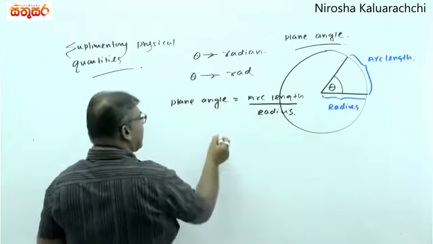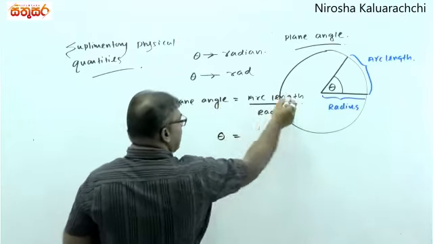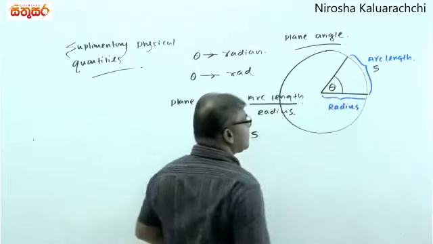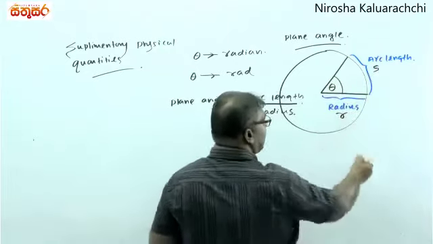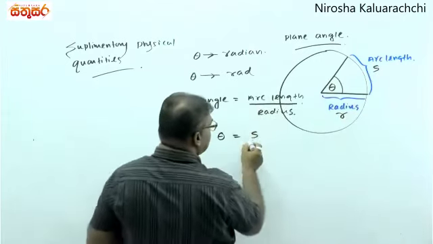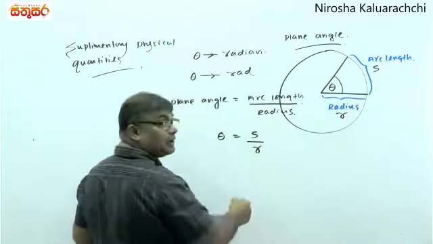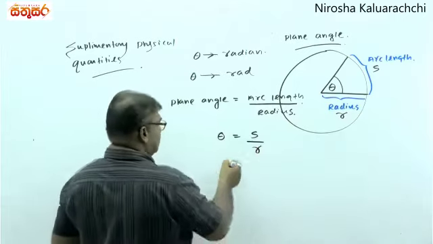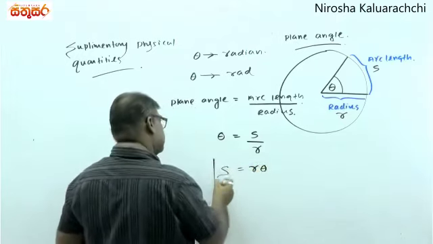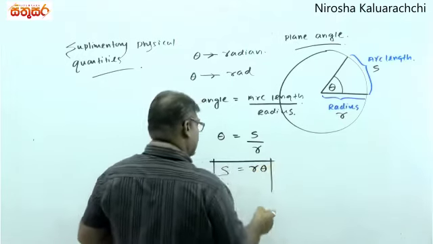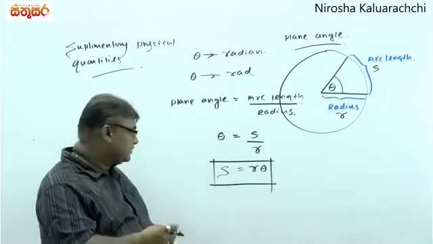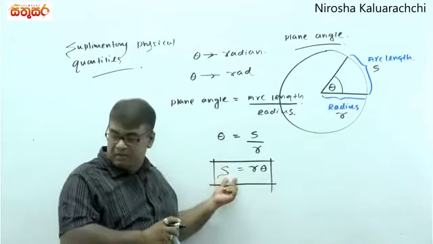So, if the plane angle is theta, let the arc length be S, and the radius is simply r. Then we can say arc length S over radius r is theta, so S becomes r theta. S equals r theta. This is used as the standard equation.